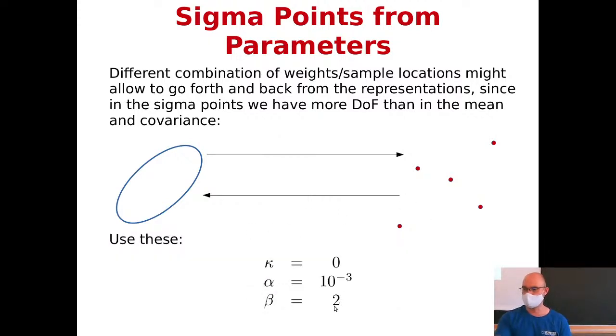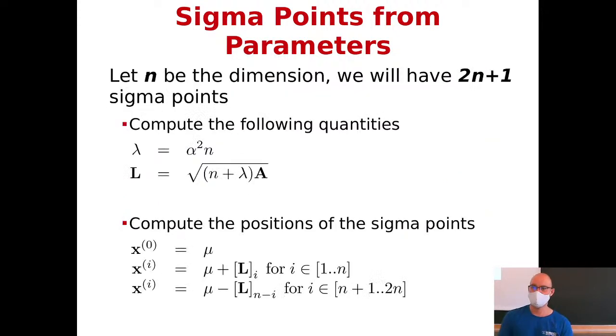Okay? Now, having said that there are these three magic numbers, finally I can tell you how to calculate the unscented transform, or the sigma points, from a Gaussian distribution. If n is the dimension, as I anticipated, we will have 2n plus 1 sigma points.